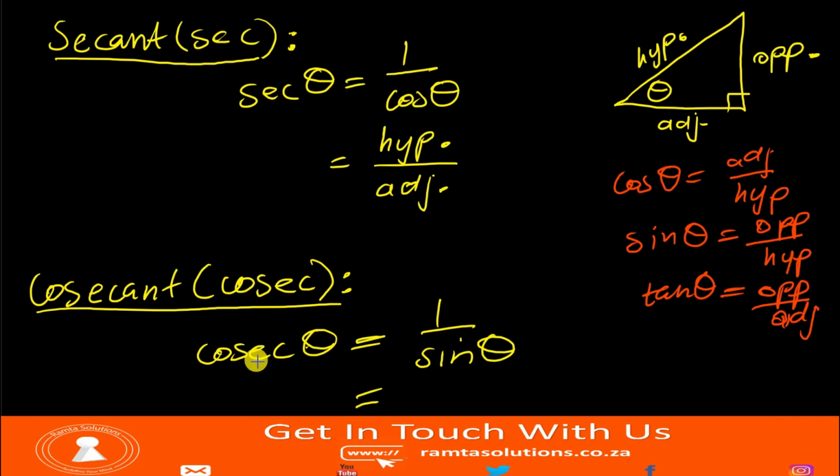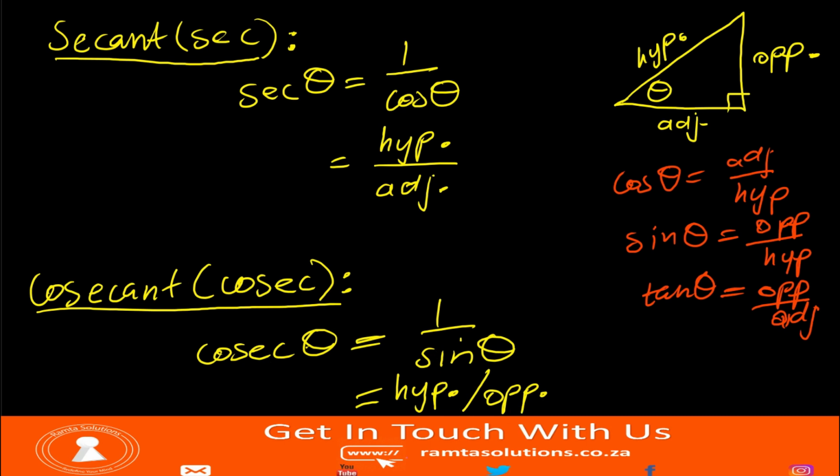Therefore cosecant will be hypotenuse over opposite. Remember, secant was hypotenuse over adjacent because cosine is adjacent over hypotenuse. Now cosecant is hypotenuse over opposite because sine theta is opposite over hypotenuse. Remember, these are reciprocals.